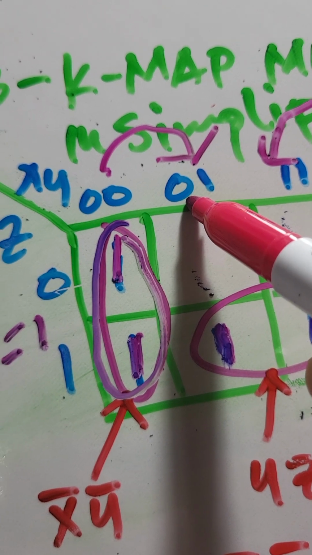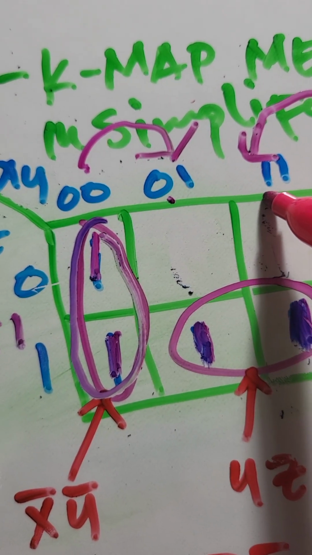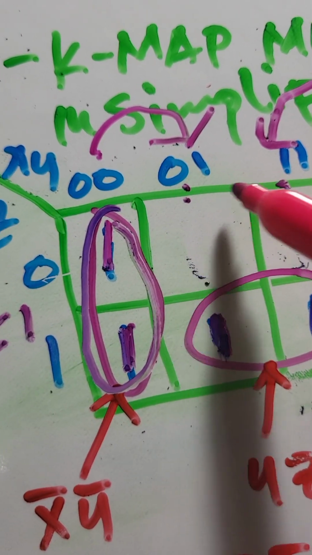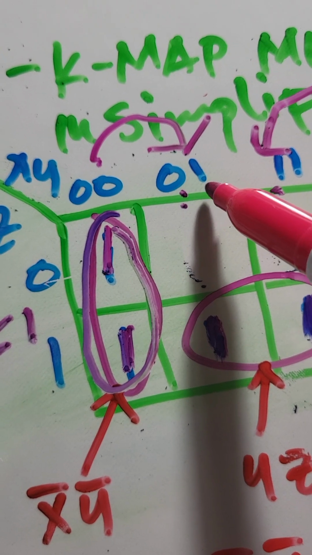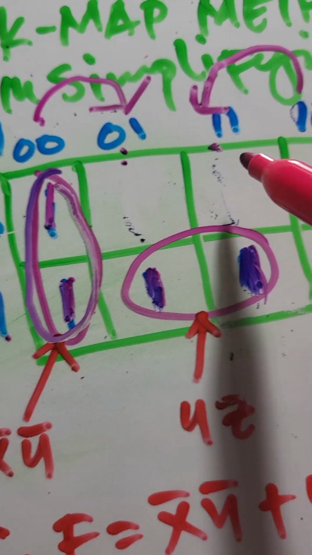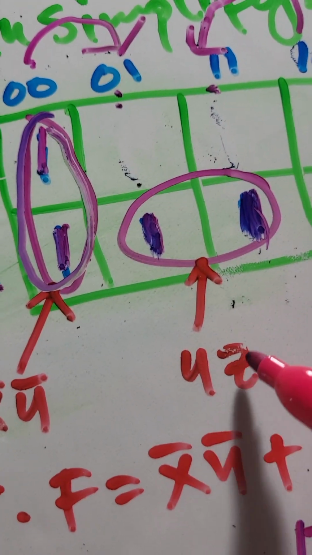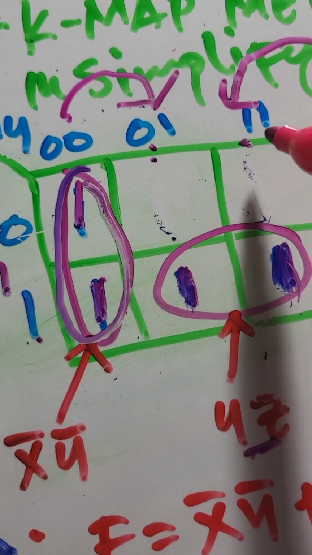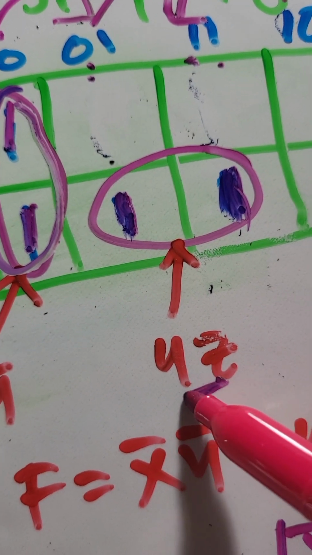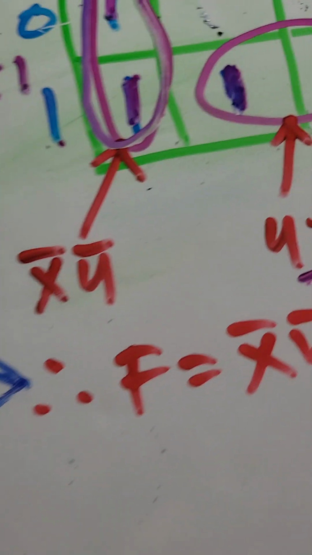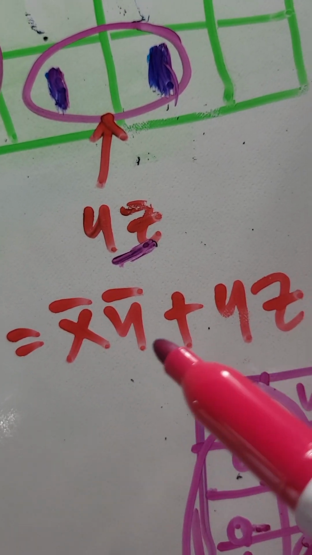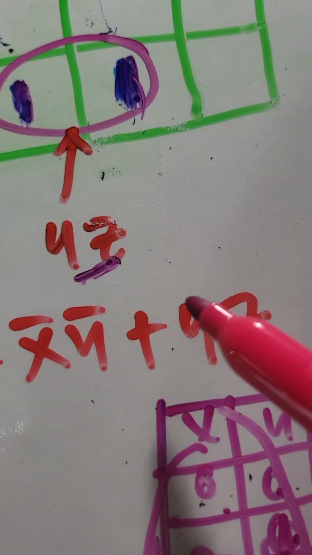The x here is 0, and in this quadrant here x is 1. So 0, 1, that is equal to 1. So the remaining here is y 1, 1 plus z here. So the output here is yz. So yz, y is 1, 1 and z is 1. So yz.